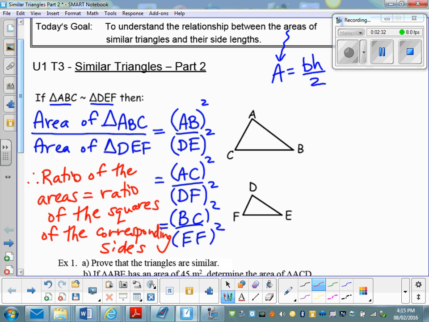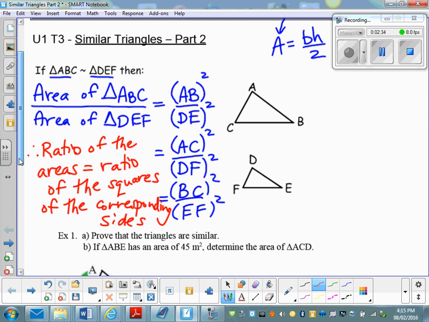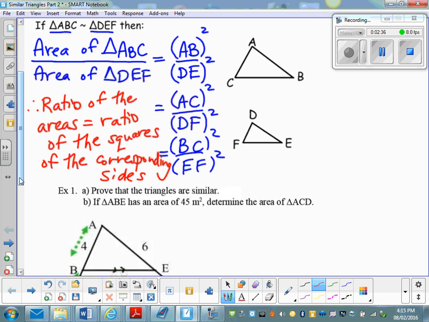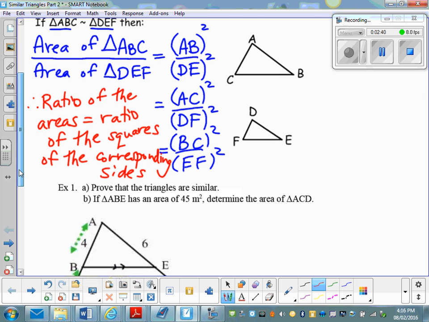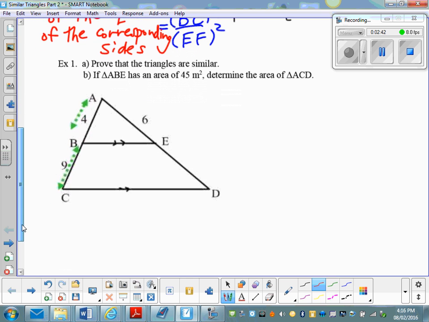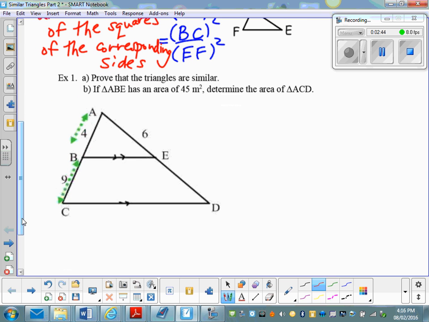Okay, so that's quite a mouthful there, but that is the relationship that exists when we're talking about the area of similar triangles. So we'll go through some examples here, and you'll see how we use this rule.